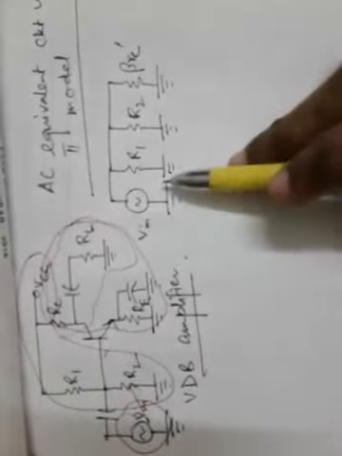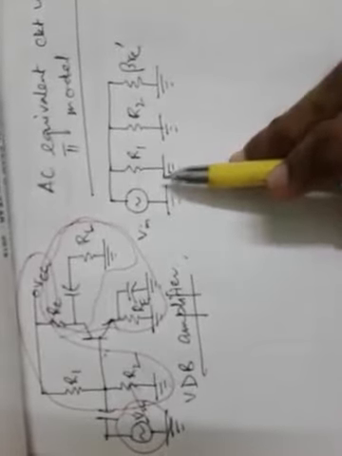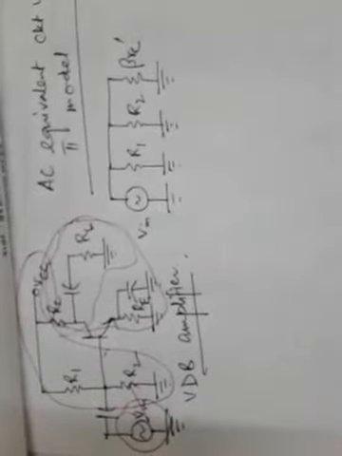So this is the input side of this voltage divider biased amplifier, and you can see it resembles the pi structure. So it is drawn in the light of the pi model.